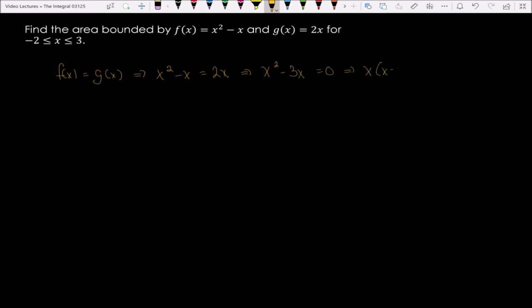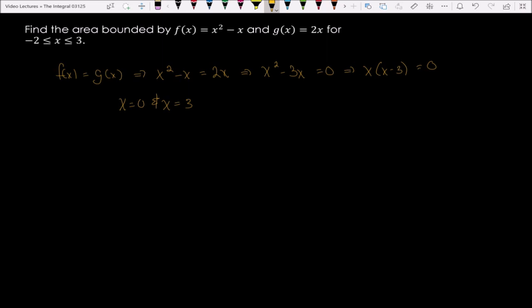So x times x minus 3 is equal to 0. And we get the solutions x equals 0 and x equals 3. Now, x equals 3 is the end of our interval, so really it doesn't tell us anything. However, 0 is in that interval. So this does intersect over the interval -2 to 3.